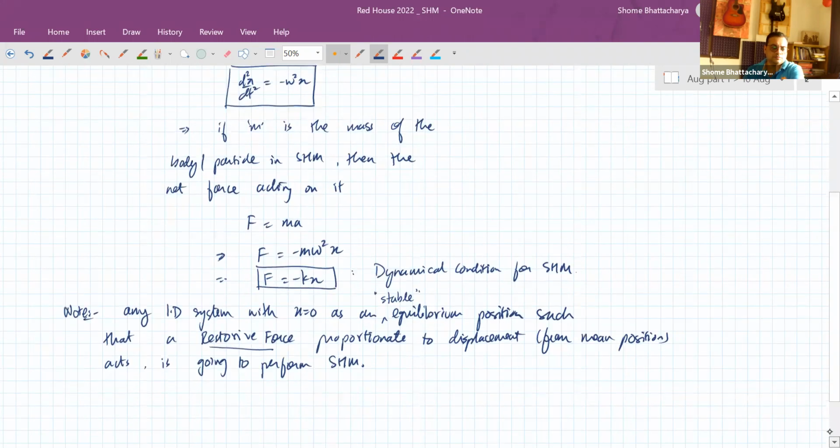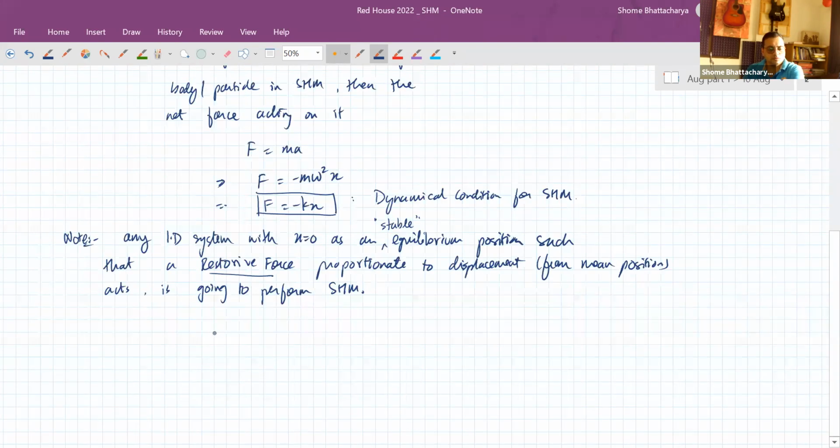Okay. So here the quantity K is called the force constant.